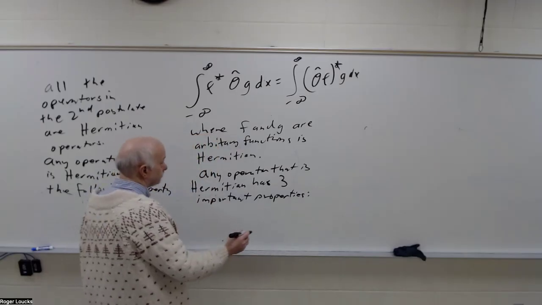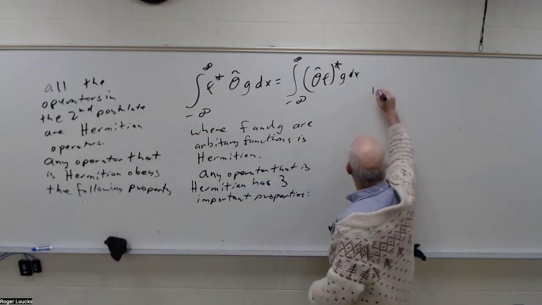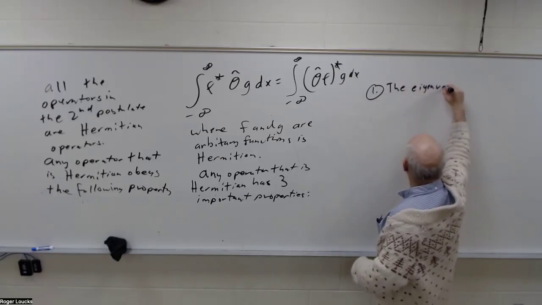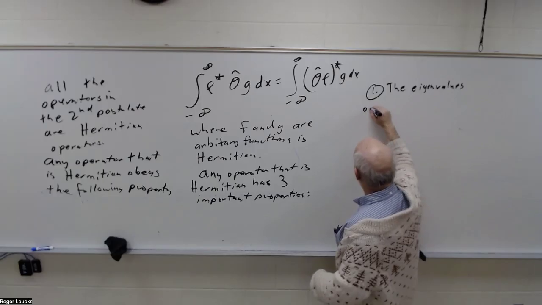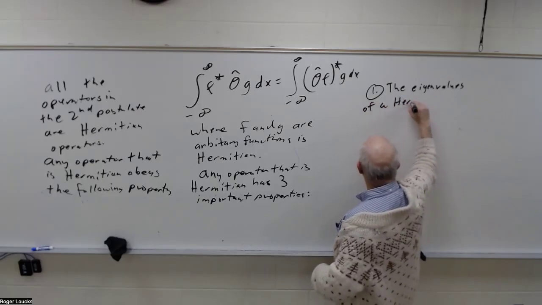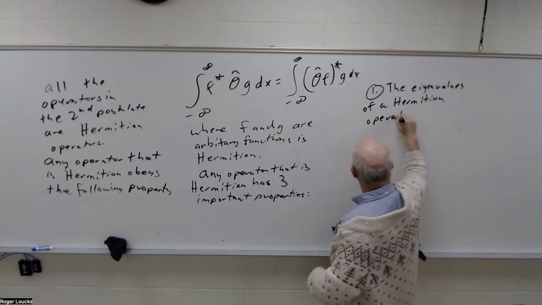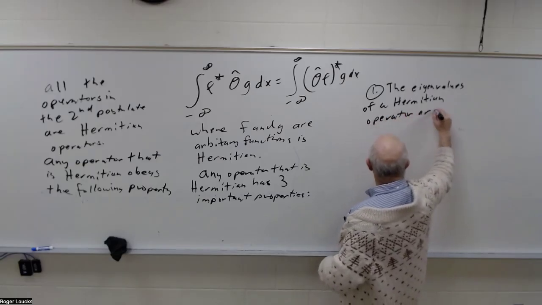Okay, the first one: the eigenvalues of a Hermitian operator are real.